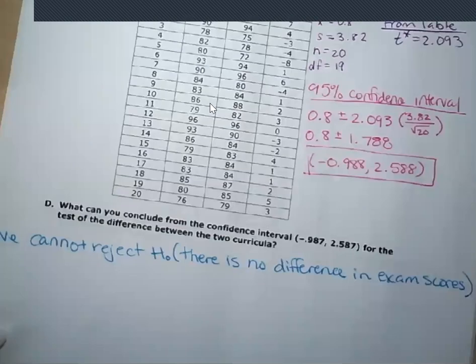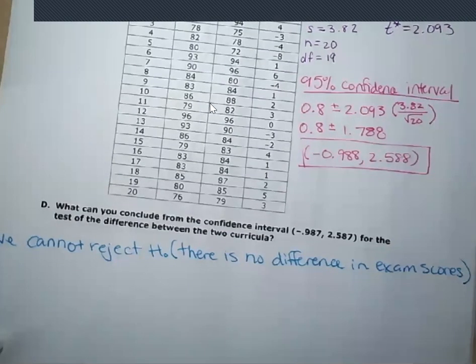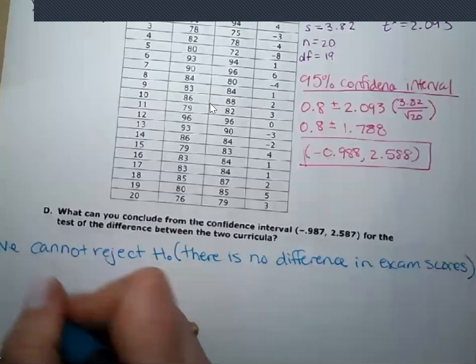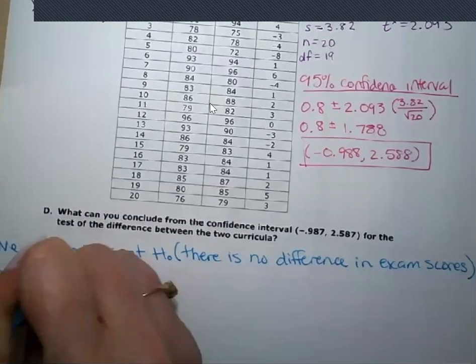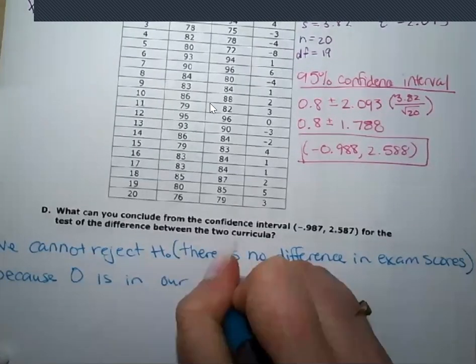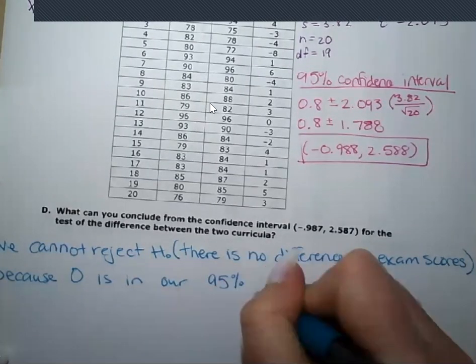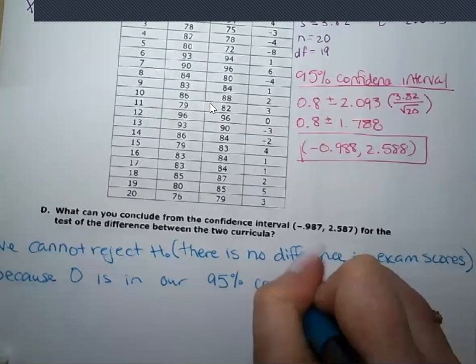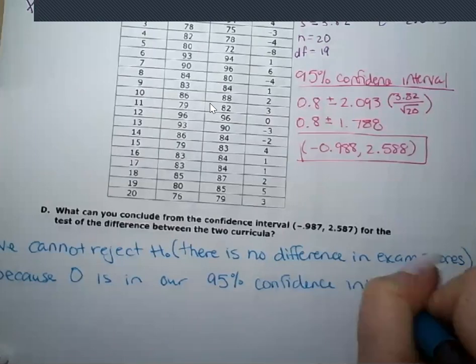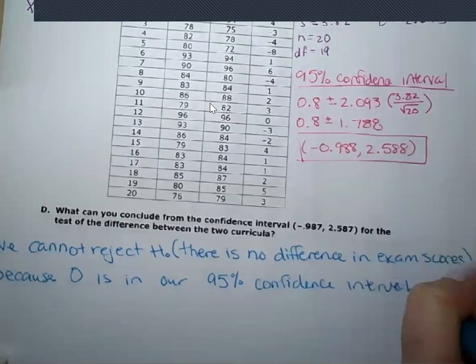So we cannot reject H naught, the fact that there's no difference in exam scores for groups A and B, because 0 is in our 95% confidence interval for the true population difference.